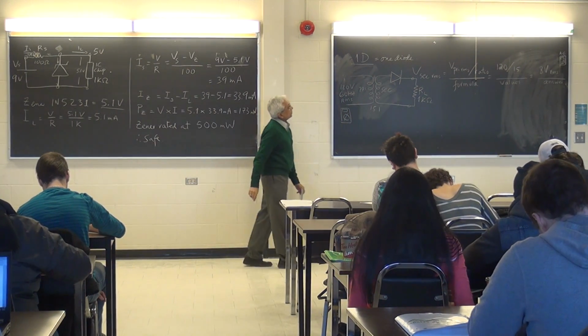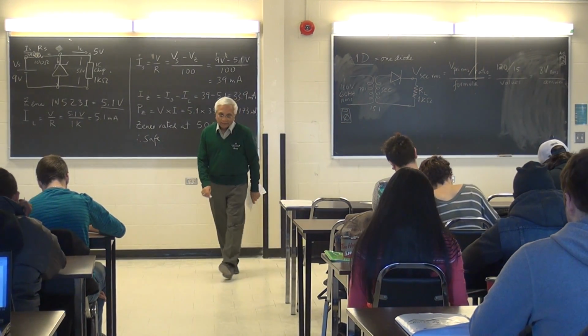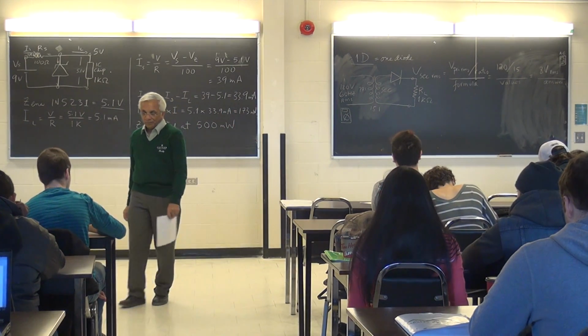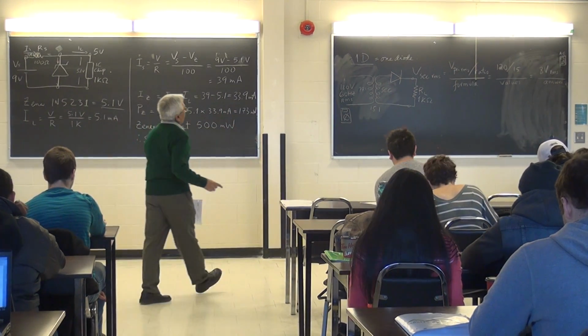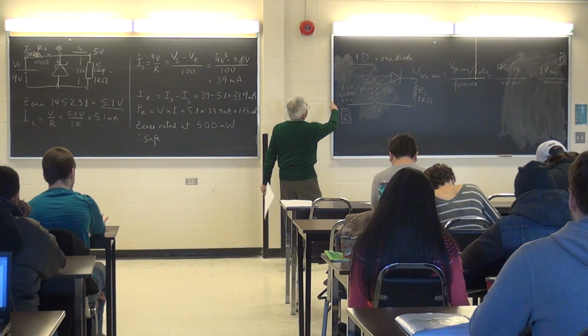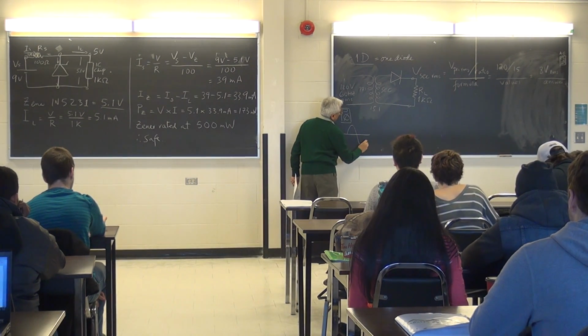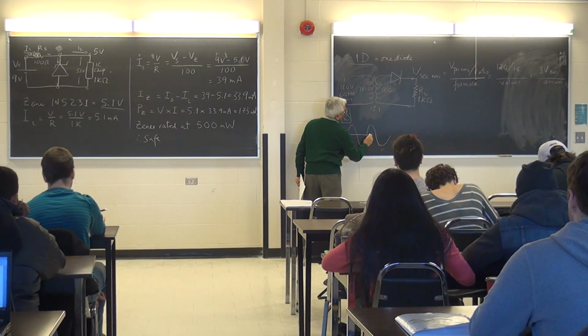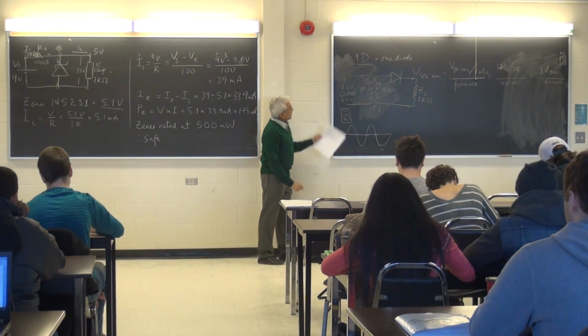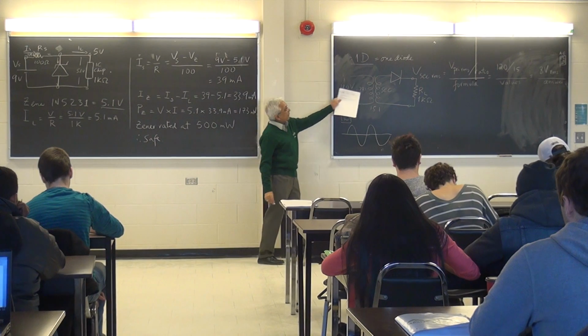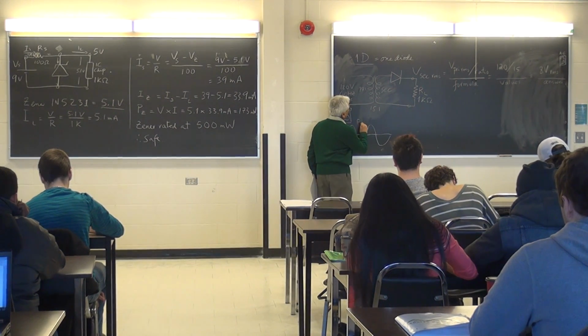Okay. So let's see what's happening now. I start out with a sine wave here, which looks like this, right? That's on the primary side. What happens on the secondary side?